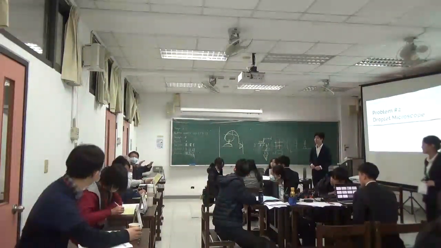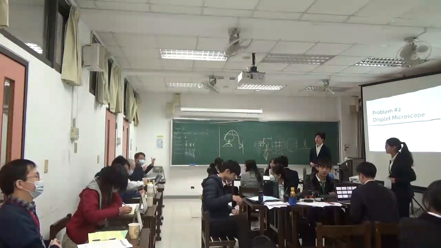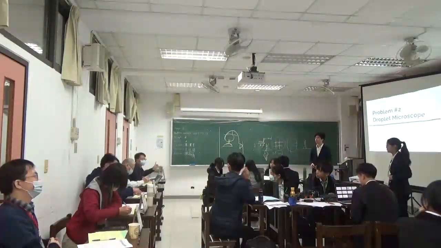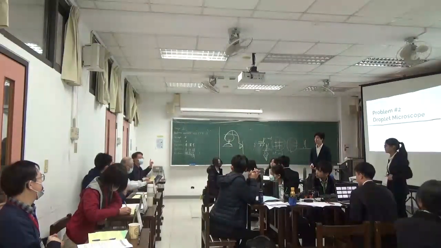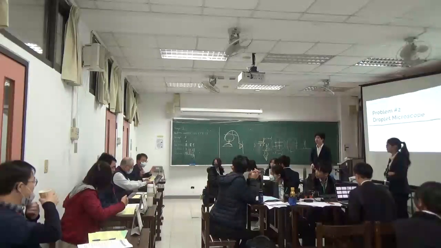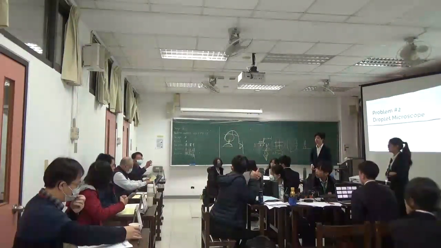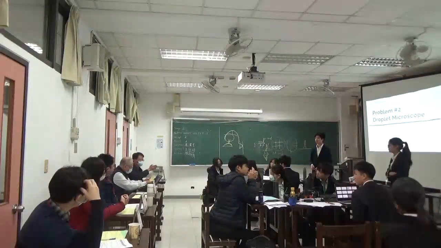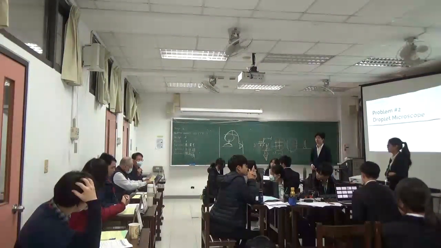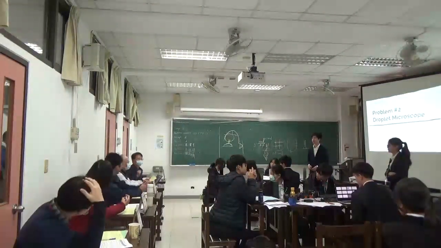So I would like to follow these questions with the spatial resolution. This is called the spatial resolution of the water droplet microscope. For the opponent and reviewers, what is the maximum spatial resolution you achieve in your experiment?